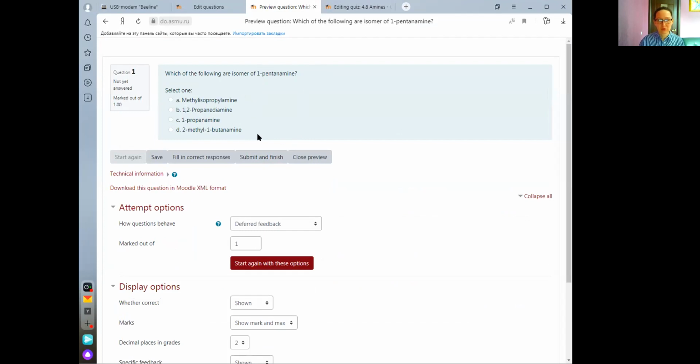You give structures of these compounds, and you must calculate how many carbons, how many hydrogens, and how many nitrogens are in your compound.